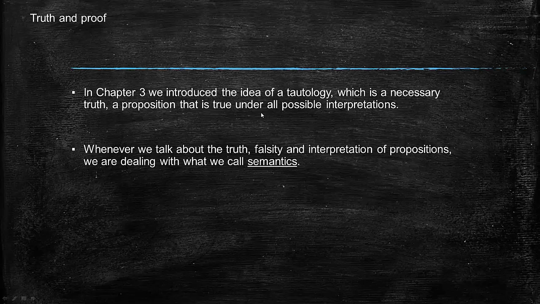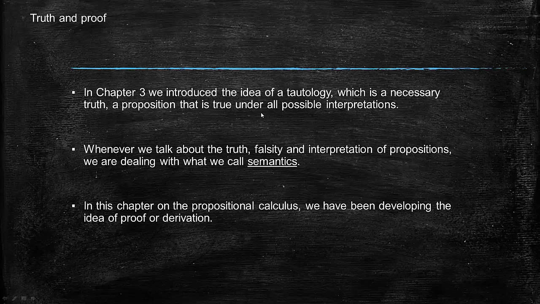So whenever we talk about the truth and falsity and also the interpretation of propositions, we're dealing with an area we call semantics. That's just the name of the area of logic that addresses these concepts. And in this chapter 4 on the propositional calculus, we haven't been dealing with semantics at all.